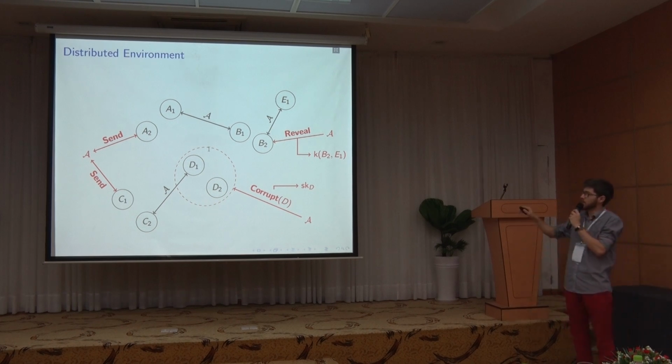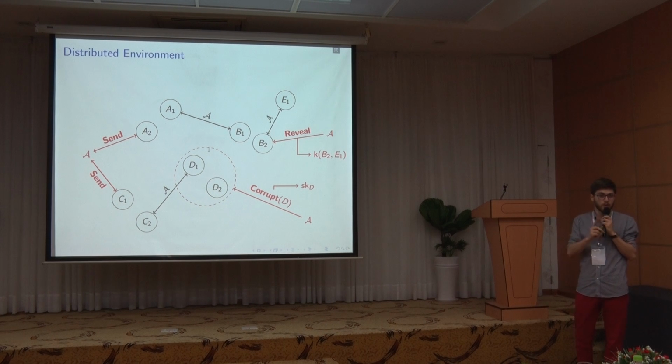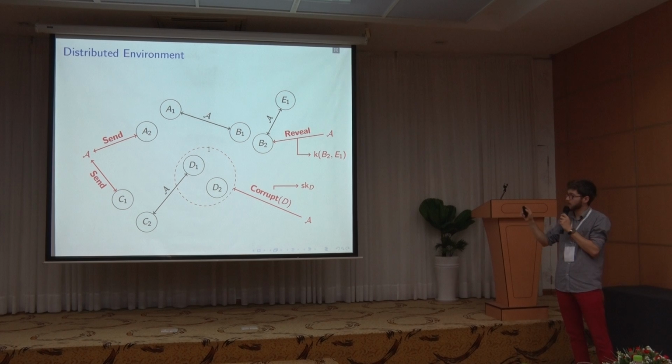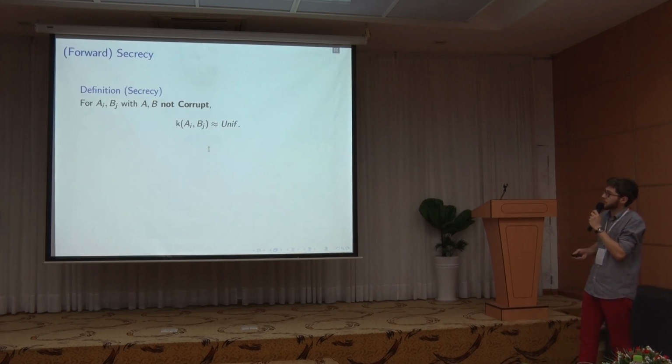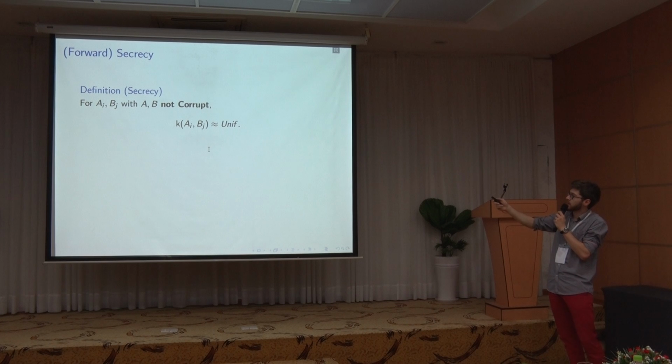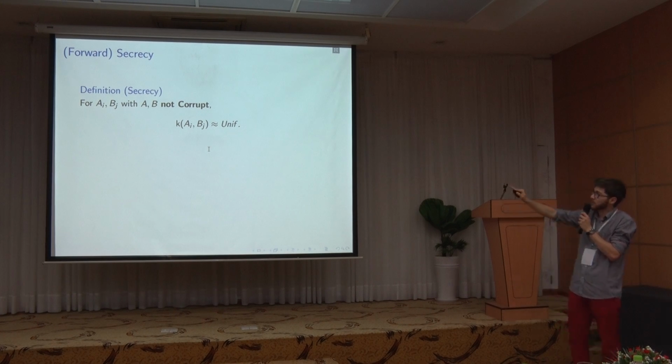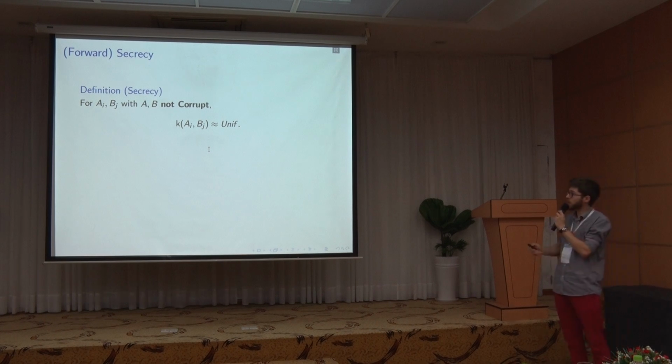So this is, compared to the given one transcript, distinguish the key, a much stronger form of security. The adversary still has to distinguish the key in this context. For the secrecy, basic secrecy says that for two sessions where the identities have not been corrupted, the key has to be indistinguishable from random.